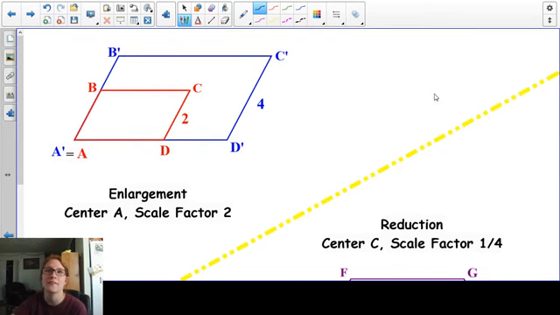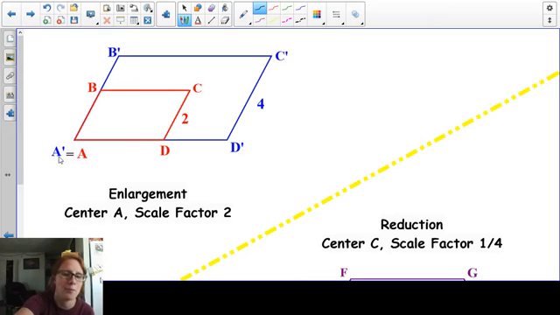Alright, so let's take a look at this first shape here, the red and the blue. This one's considered an enlargement. The reason being is, if you notice, my original shape is red. I have A, B, C, and D. My changed shape is the blue one. It's got this A prime. I know it looks like A apostrophe, and you're like, how do you even say that?